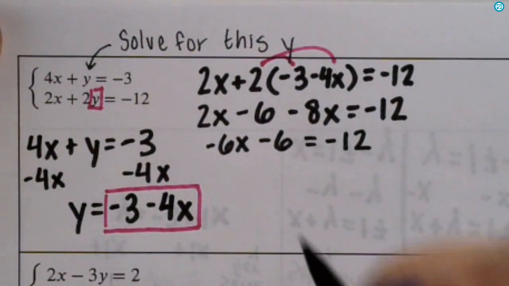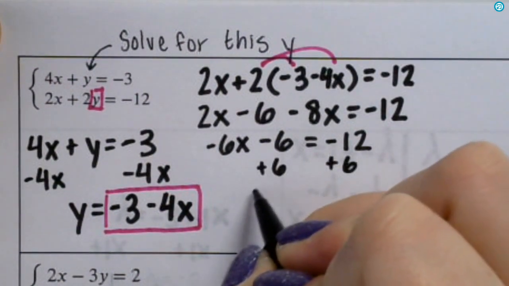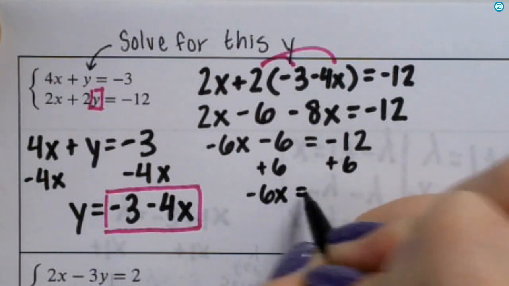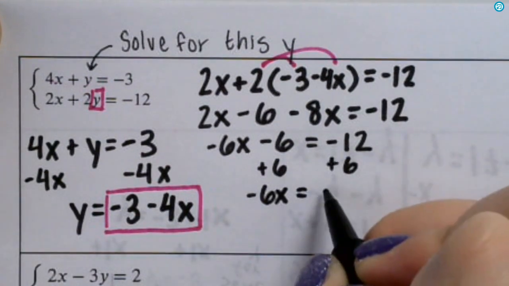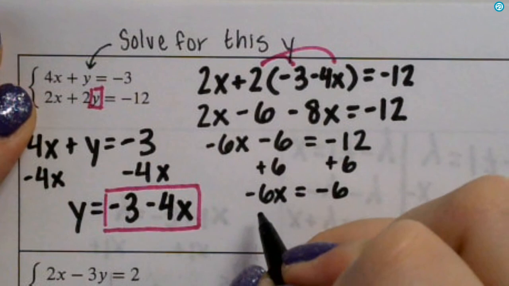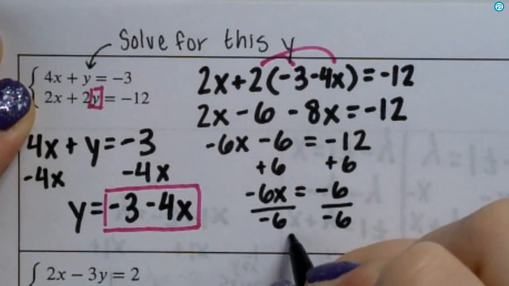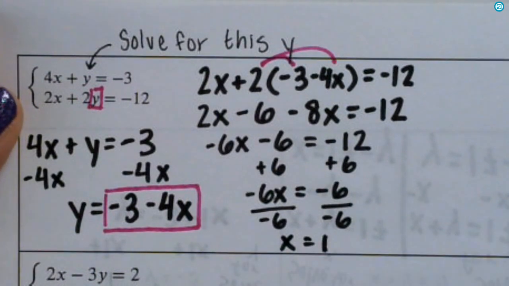So we'll add 6 to both sides. We'll get negative 6x equals negative 12 plus 6 is negative 6. And then we divide both sides by negative 6. Get x equals 1.